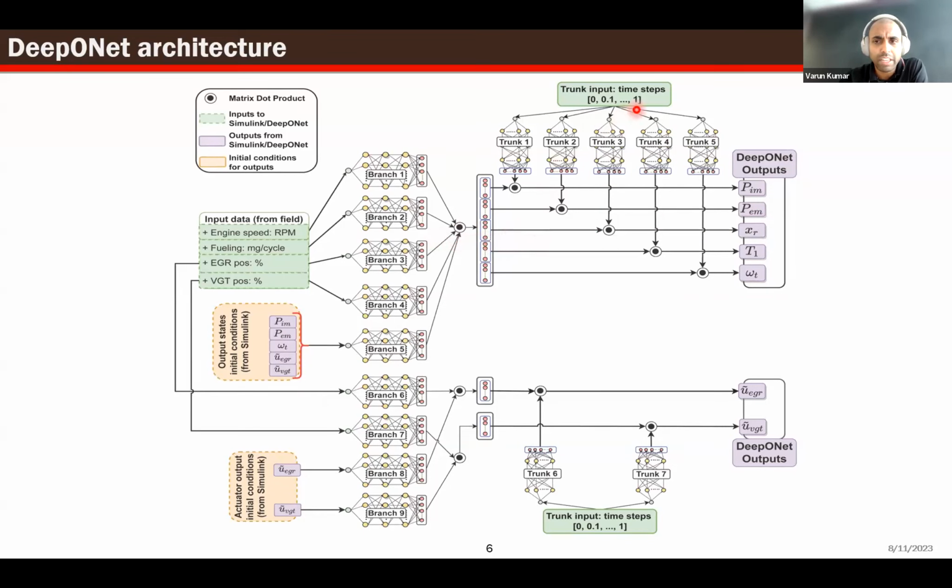And we have 5 trunks, one for each output, and the time input goes into the trunk network. We also have some initial conditions which are used as an input. We found that because the data is so chaotic, we had to use some values from the output as initial condition inputs to our branch to improve the prediction accuracy.